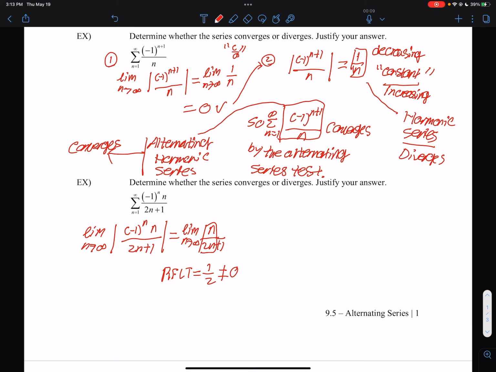Let's recall chapter 9.1. It proved that the limit as n approaches infinity of the absolute value of the term is 0 if and only if the limit as n goes to infinity of a sub n without the absolute value is equal to 0.